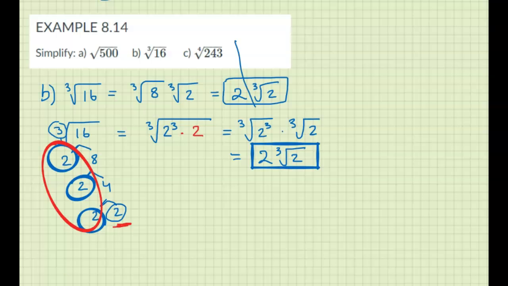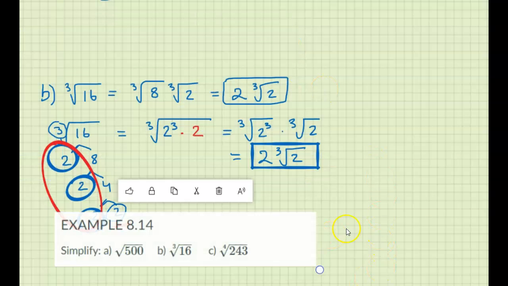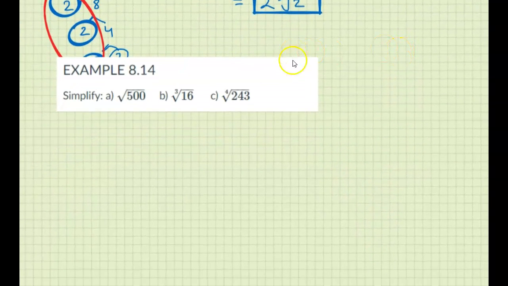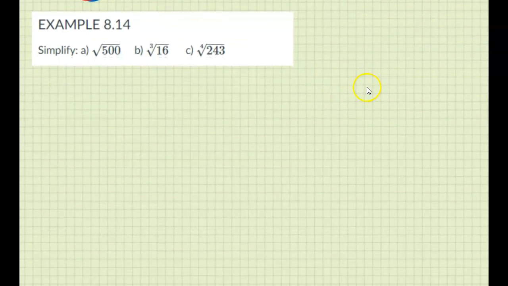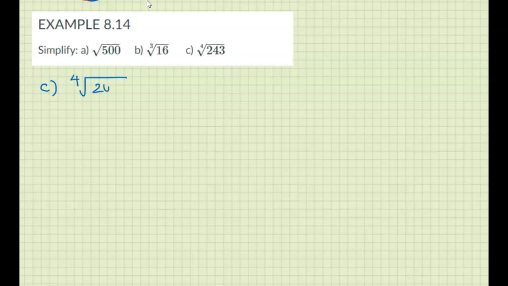Alright, let's look at C. 4th root of 243.